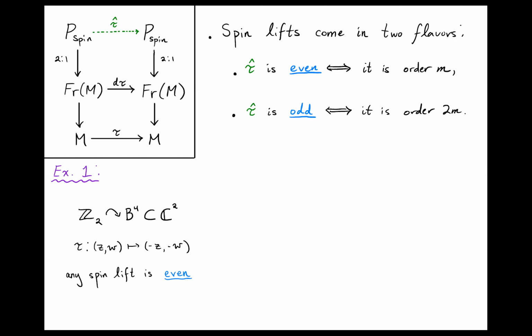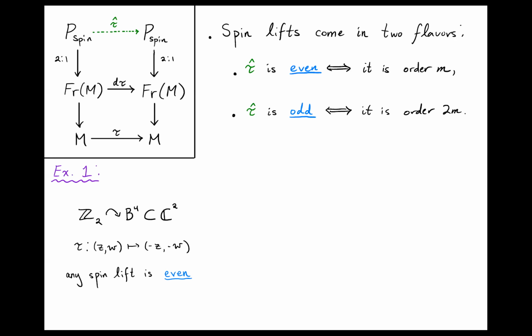The types of spin lifts that you're able to get depend on the topology of your action. For example, consider the involution on the 4-ball sitting inside of 2-dimensional complex space. Let tau be the involution which sends (z,w) to (-z,-w). Then it turns out that any spin lift of this involution is of even type.